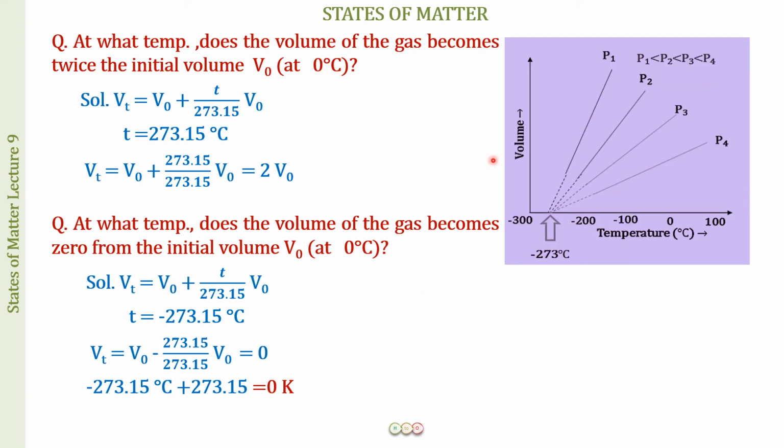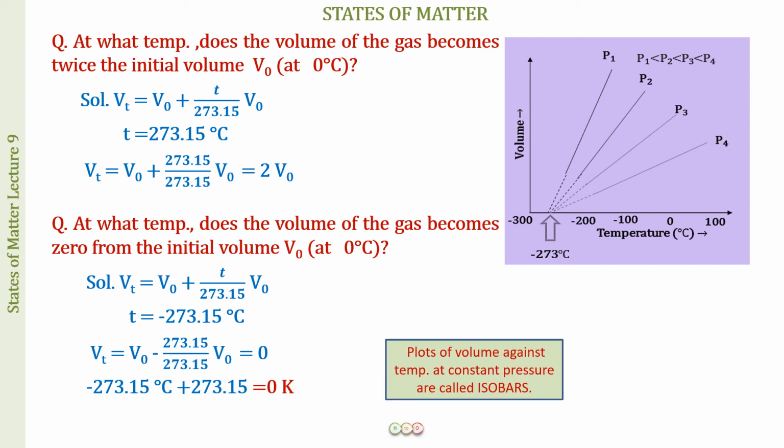So here we have a graph for volume versus temperature in degrees Celsius. What you can see is that we have drawn 4 graphs for volume versus temperature at 4 pressures, right? So each graph is at one constant pressure. The plot of the volume against temperature at constant pressure is called an isobar.